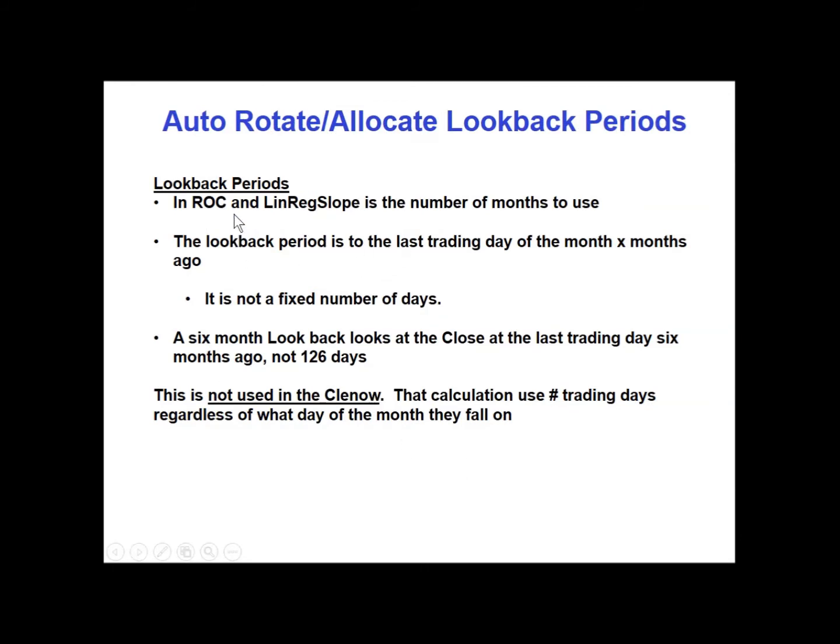For ROC and linear regression slope, the look-back is the number of months. It's the last trading day of the month X months ago. So we're looking from the end of this month to the last trading day X months ago. That means if you're using 3 months, sometimes it's 61 days, sometimes it's 65, usually it's 63.